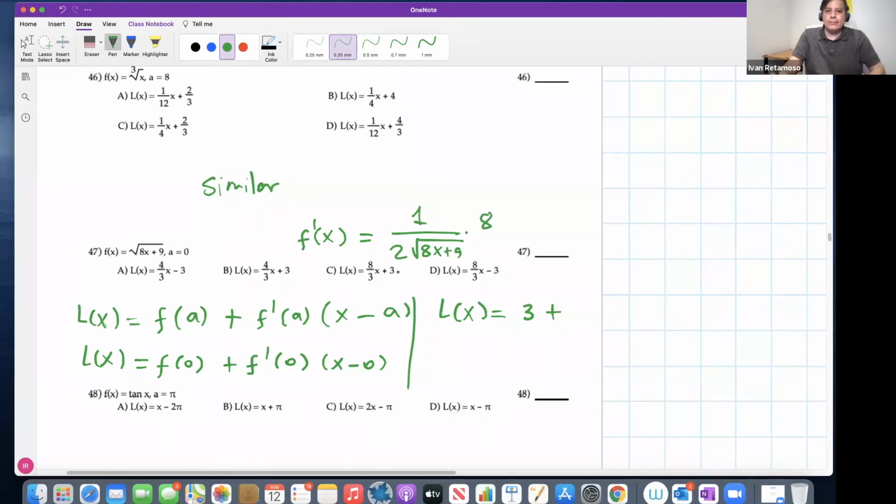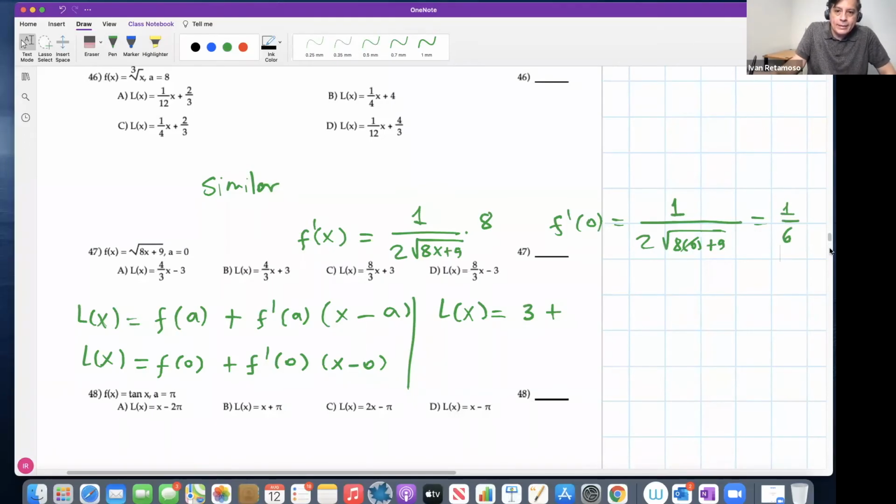This is the derivative of this function, right? But we want the derivative evaluated at 0. So the derivative evaluated at 0 will be twice again, 8 times 0, good news, disappears. The square root of 9 is 3 times 2, 6. 1 over 6, right? 1 over 6. So that is what comes here, 1 over 6.